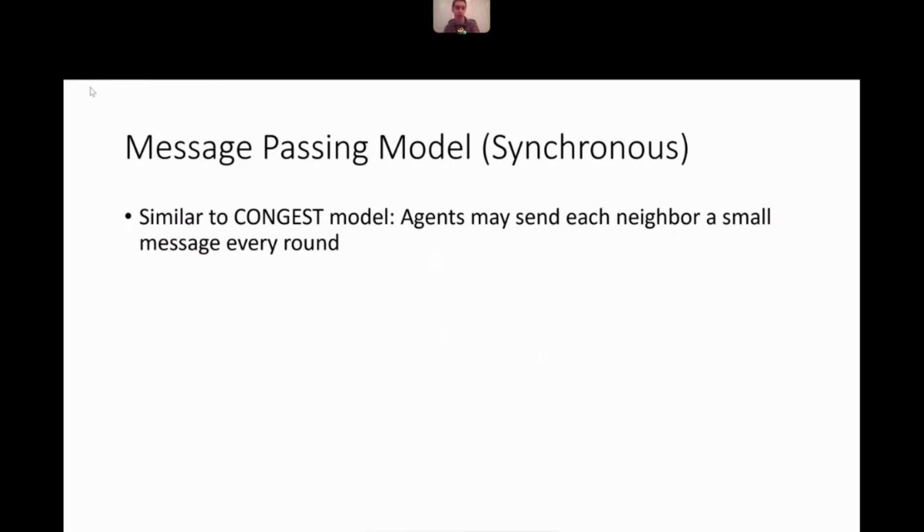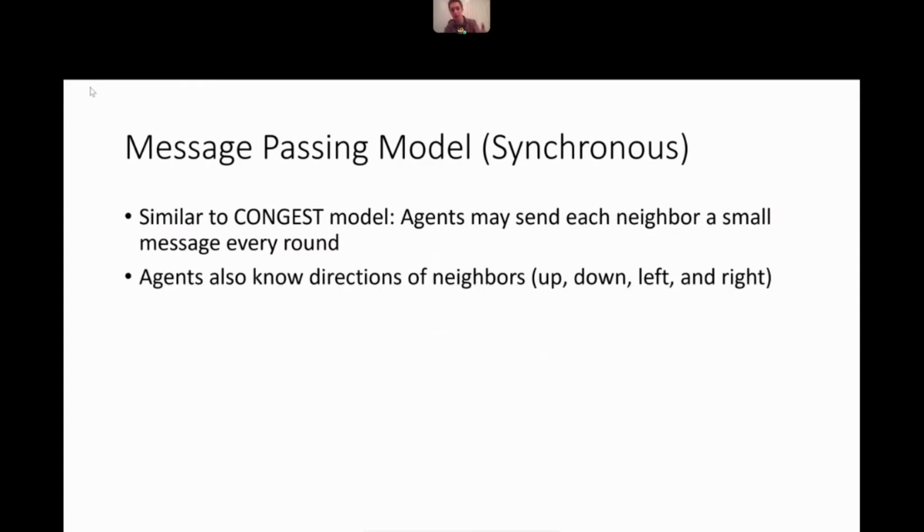And each agent may send each neighbor a small message every round, and time occurs in synchronous rounds. Agents also know additional information, that they know directions of their neighbors, and we made the problem a little bit harder for ourselves by saying that all agents are initially asleep.